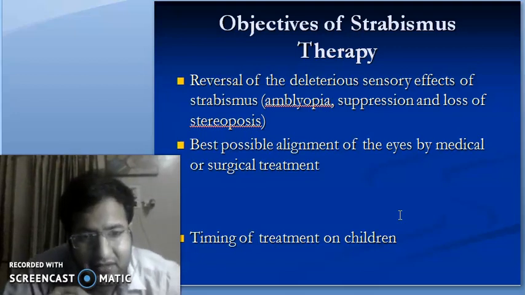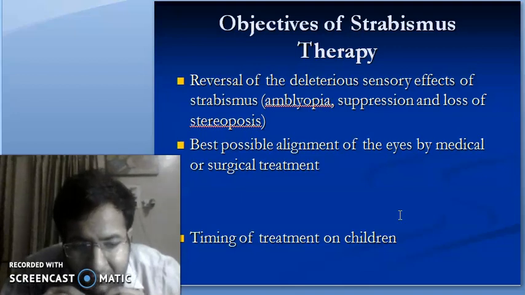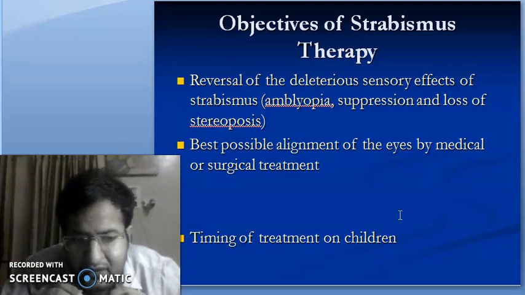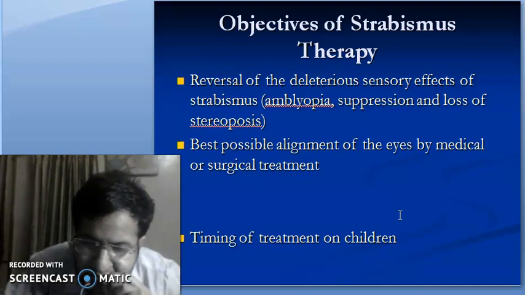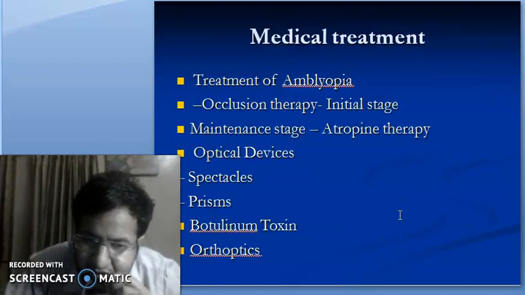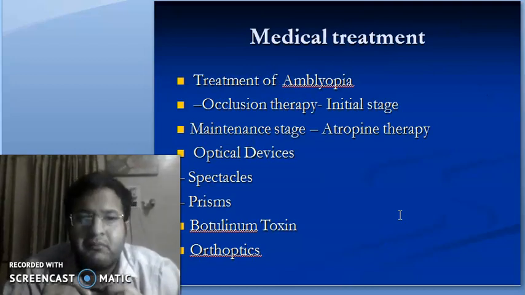by either medical, optical, or surgical treatment, and the timing of the treatment in children should be as early as possible in the first year of life, and then later on when the child is above 6 years of age, we can easily do medical treatment.